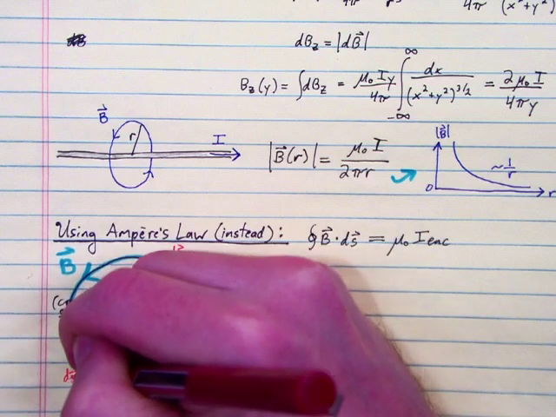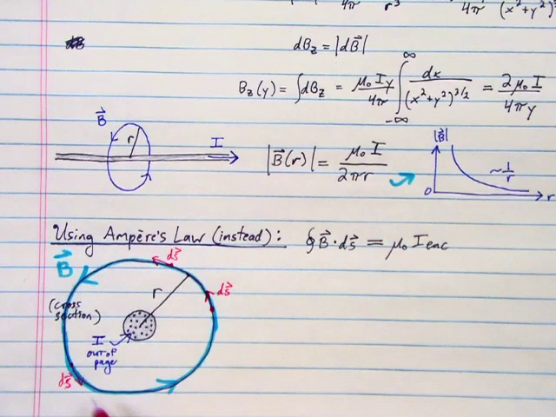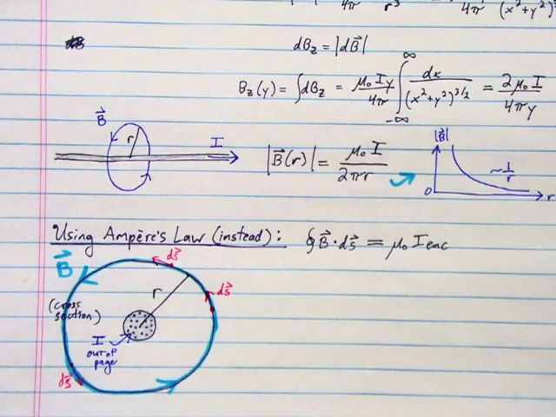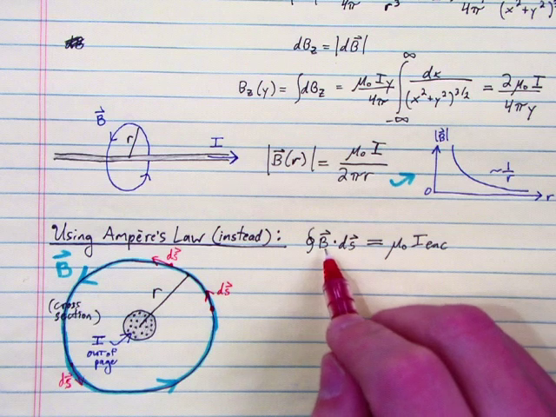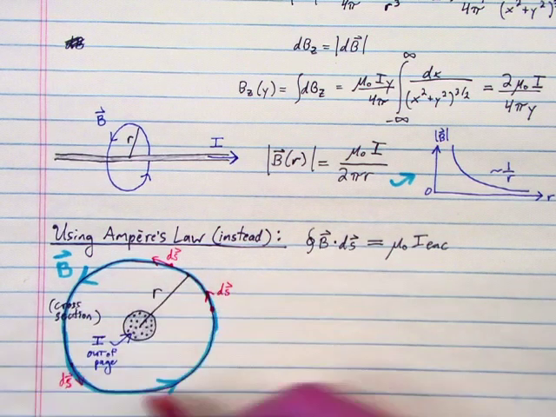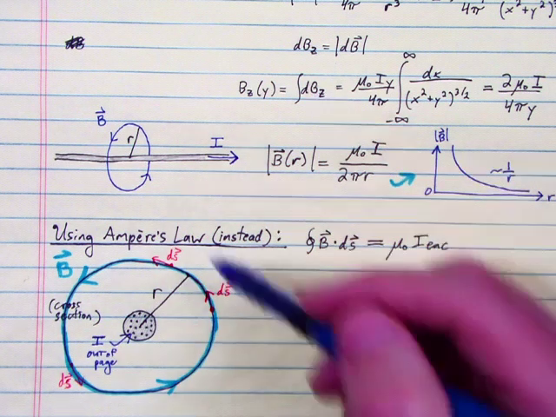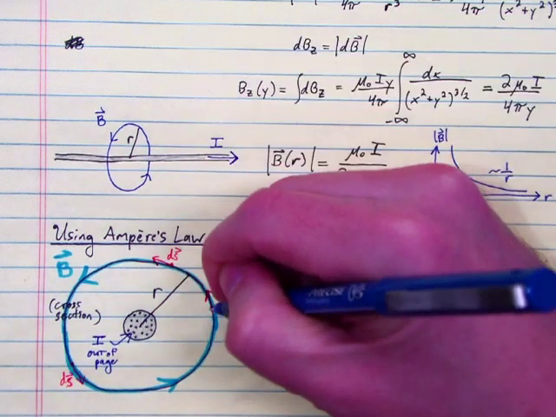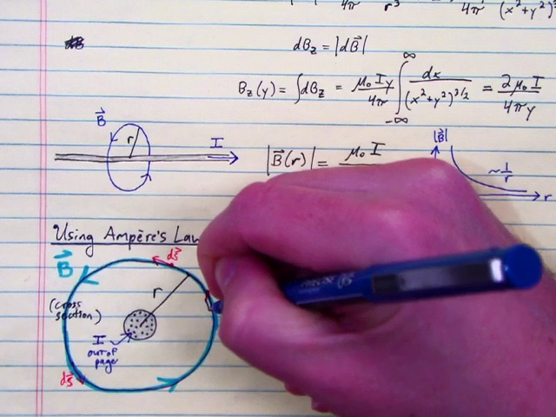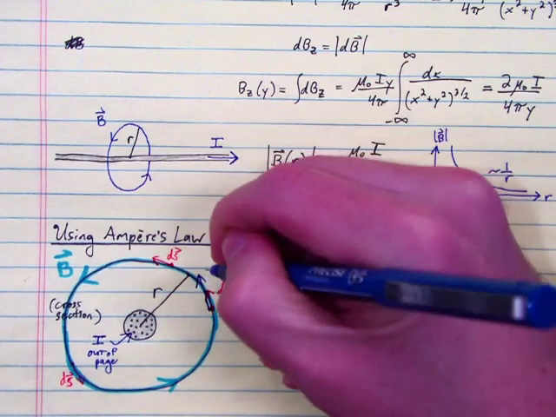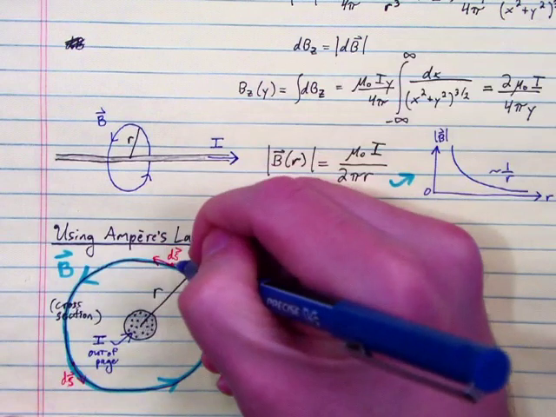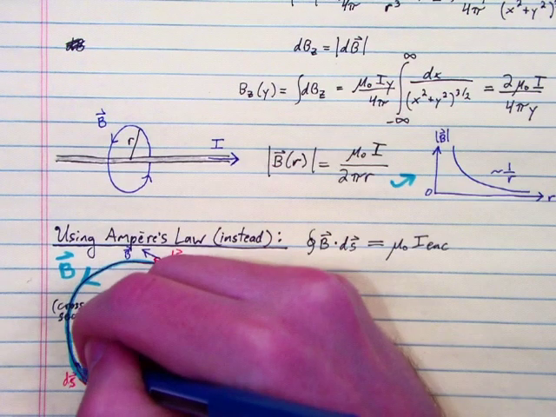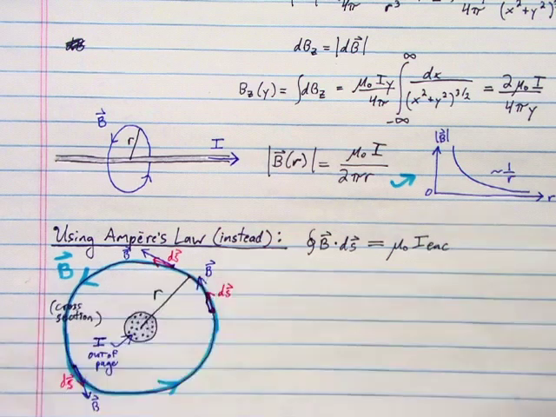So our little displacement vectors are all tangent to the path at various points. Those are these guys right here. And what we'll need to do is evaluate that dot product of B dot ds at every point along that path. Since our path lies right on top of the magnetic field line, and the magnetic field vector is tangent to the magnetic field line at every point, then our B field vector at each point will be parallel to that ds vector at every point.